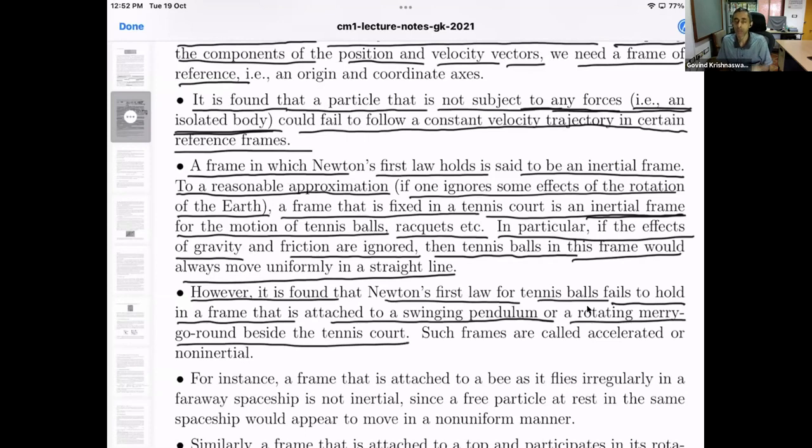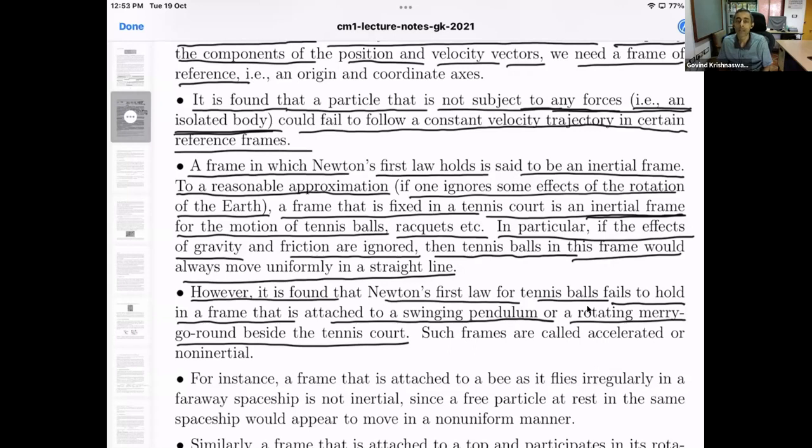Suppose you sit on a rotating pendulum and look at a cricket ball that is at rest on the pitch here. It will not look like that ball is at rest. In fact, since I am on this swinging pendulum, it will look as though the ball itself is swinging from my viewpoint. And that is certainly not a ball that is at rest or moving in a straight line.